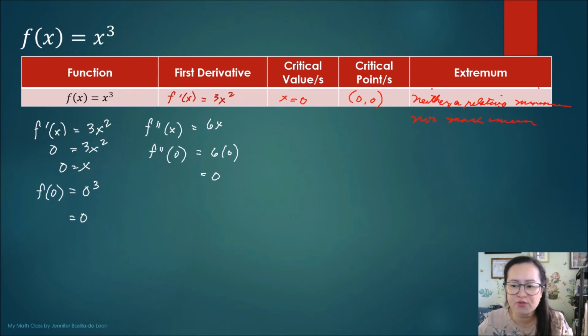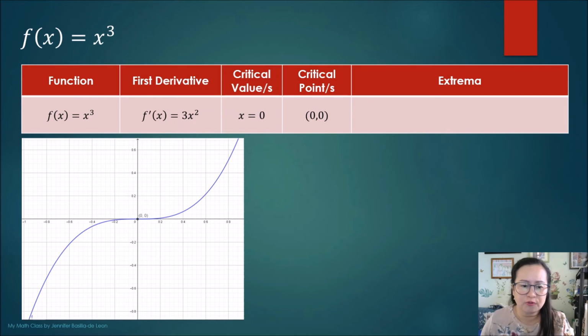Now, let's verify using the graph. So, looking at the graph, this is 0. Now, here's the point 0, 0. We get a point on its left and check whether it's higher or lower than the point. Now, looking at it, we can say that 0, 0 is higher than the points on its left.